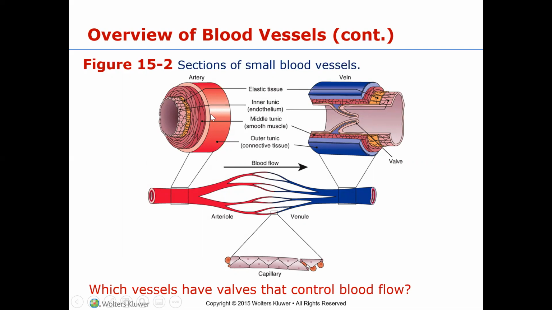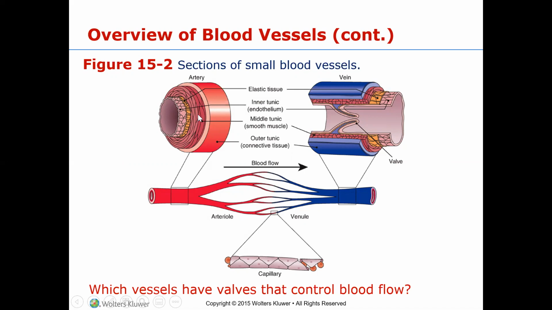But if you do a comparison between the artery and the vein, you will note that this middle tunic layer, which is made up of smooth muscle, which is involuntary, is much thinner in the vein as compared to that in the artery.